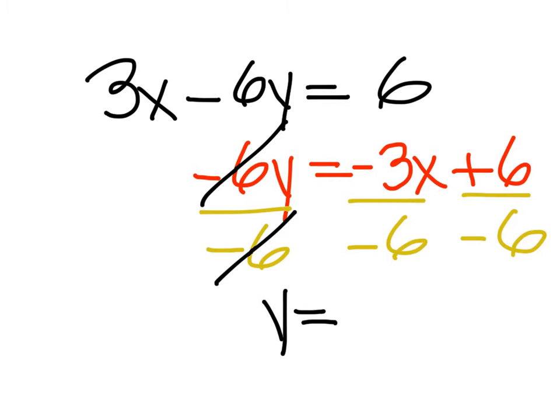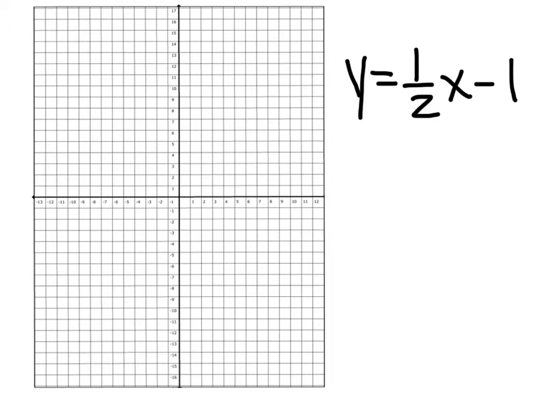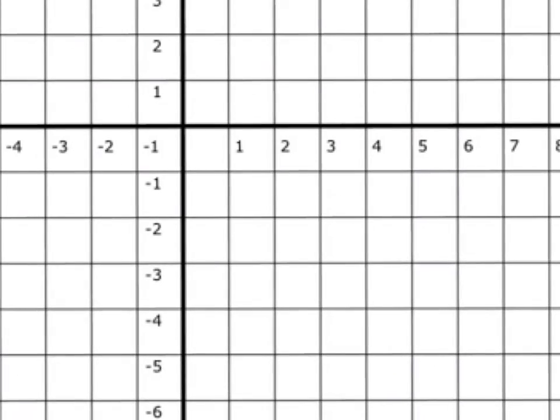Y equals negative 3 over negative 6. Double negative changes to positive, but 3 over 6 reduces to 1/2. And then 6 over a negative 6 is minus 1. The y-intercept is negative 1.